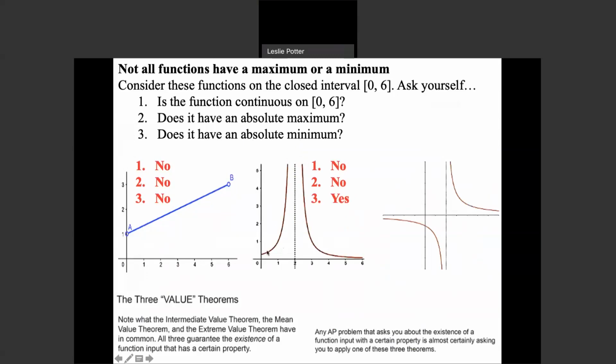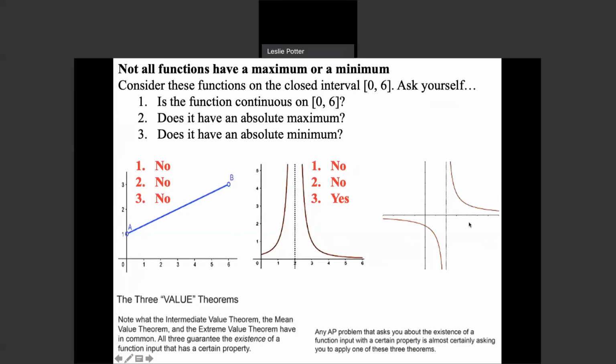We're not going to extend these out forever in either direction. They might look asymptotic if we did, but we literally stopped them here and here. And since when we get to 6 it's a closed interval, we know we're including this endpoint. We know that this is the smallest function value on this closed interval. So it has a minimum and it's right here, just slightly bigger than 0.